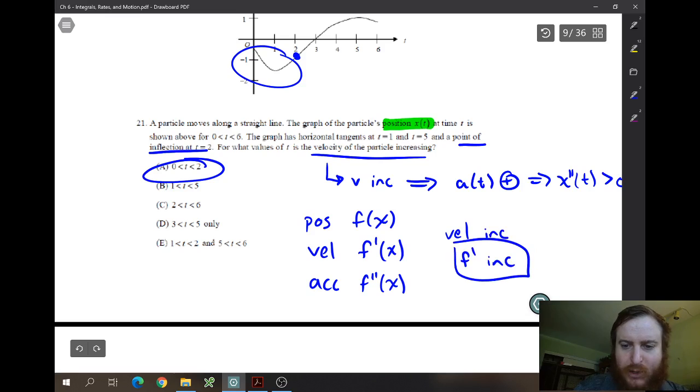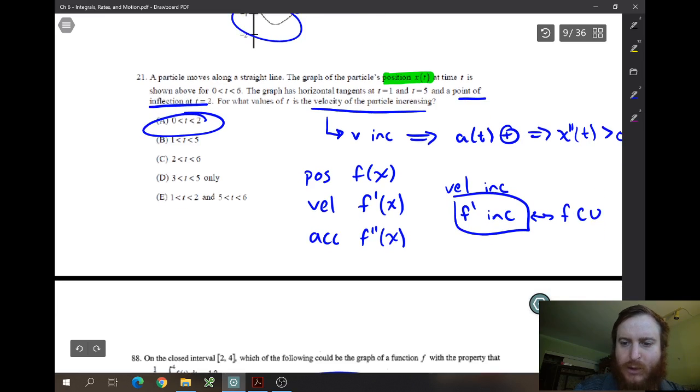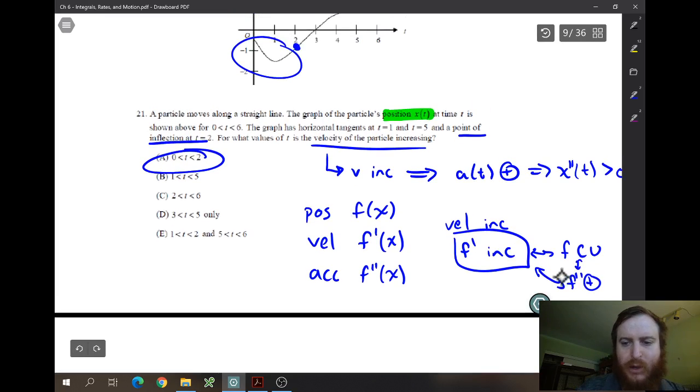And that matches up with f being concave up, or f double prime being positive, right? All three of these things are the same. So since we're given the graph of f, because we're given position, we need f to be concave up, so that's why it's the section from 0 to 2.